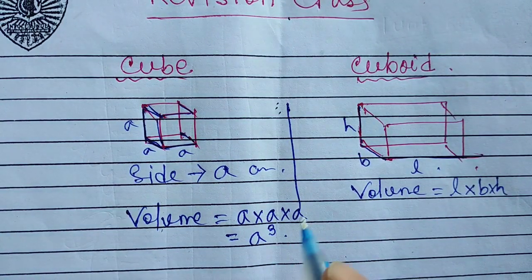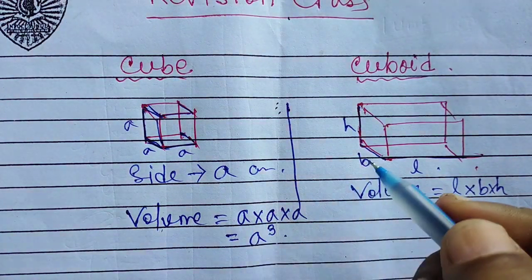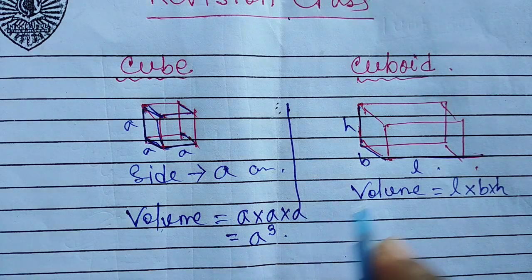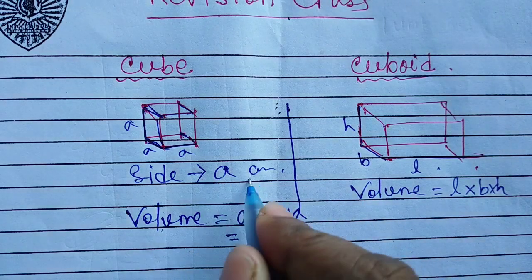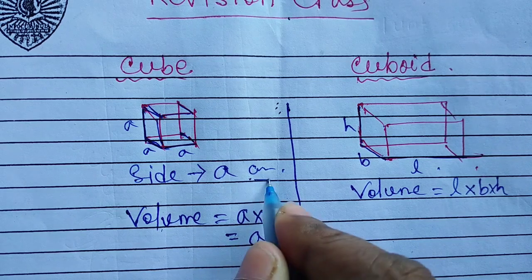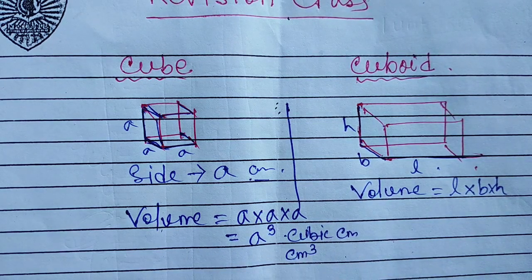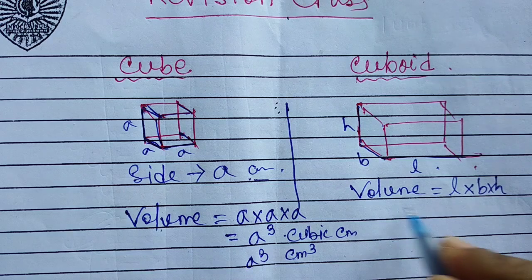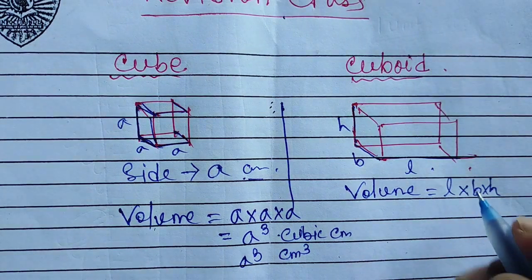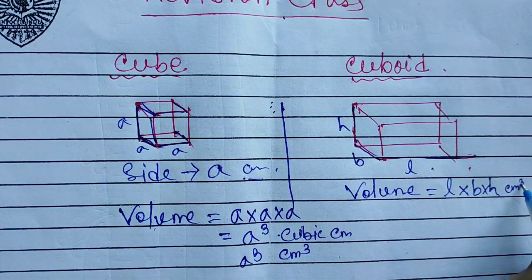The unit of volume is always cubic. So if the side length is in centimeter, the volume will be cubic centimeter or centimeter cube. Similarly, here the unit will be cubic centimeter.